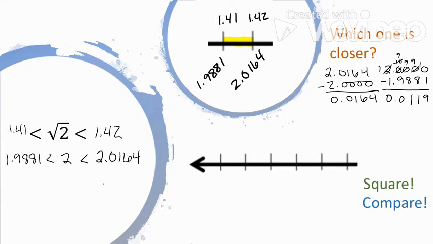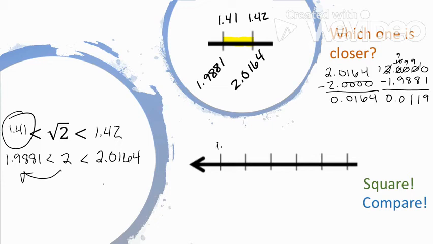We can see that the square root of 2 is going to be closer to 1.9881, which means that it's going to be closer to 1.41. So we're now looking between 1.41 and the halfway mark between 1.41 and 1.42.